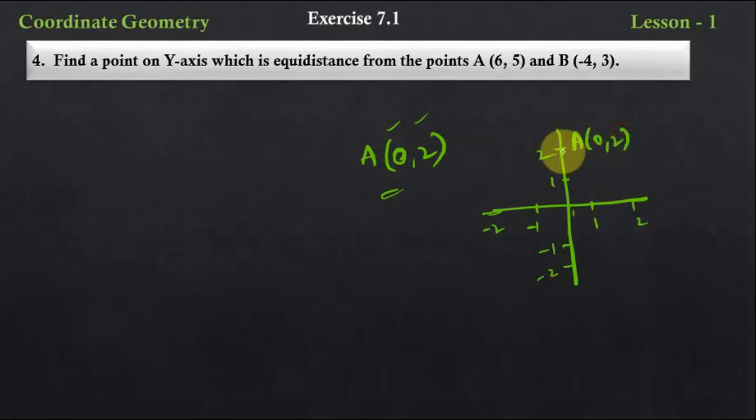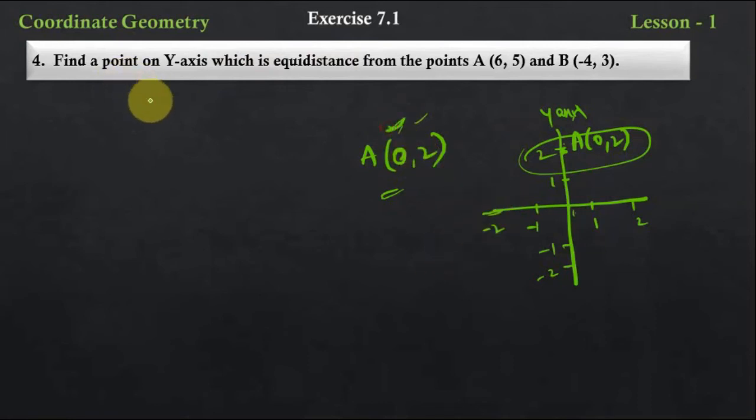If you observe, this point is on the y-axis, isn't it? This line belongs to the y-axis. See, when x equals 0, always the point will be on the y-axis. We should remember that. Whenever they say the point is on the y-axis, obviously we should understand that the x coordinate is 0.